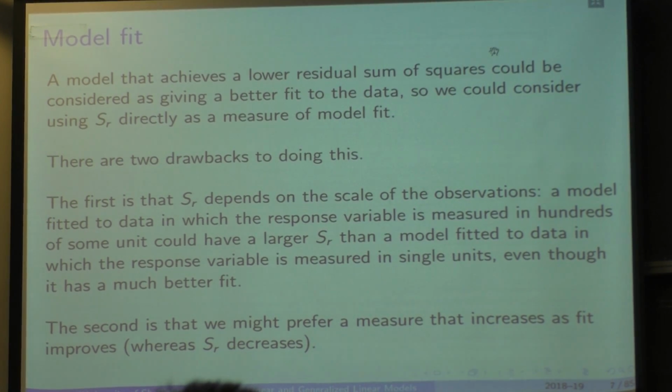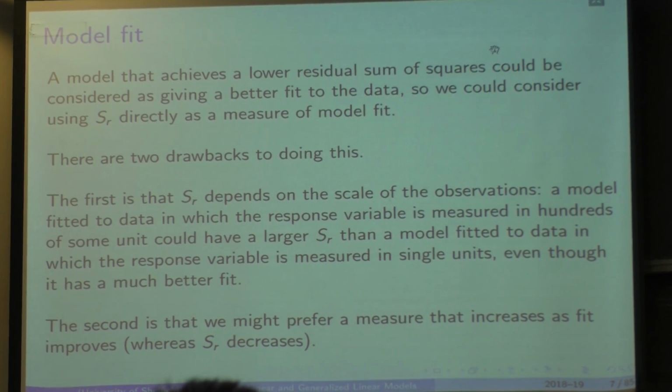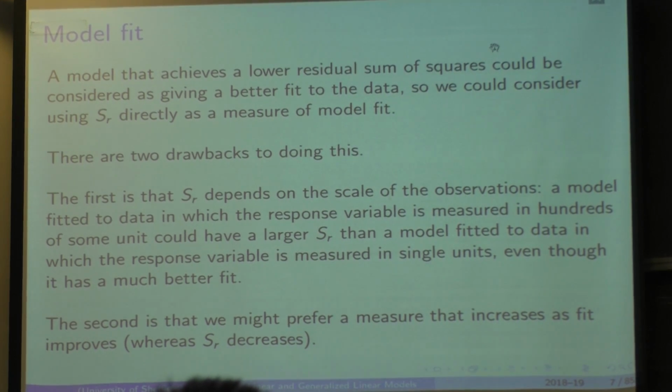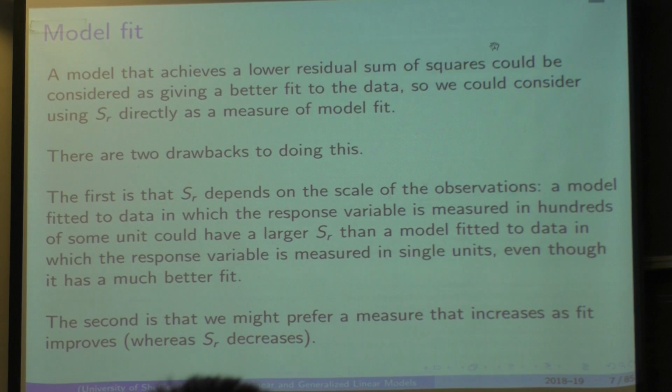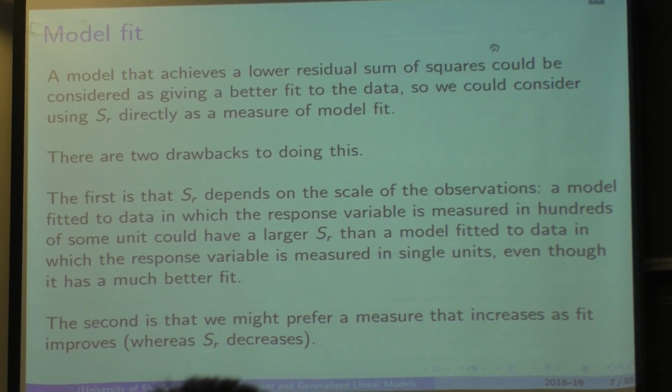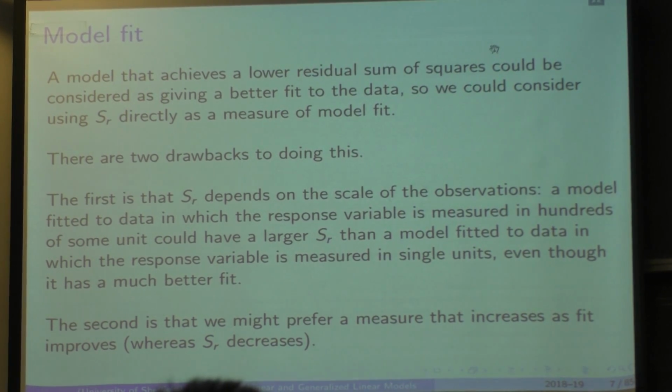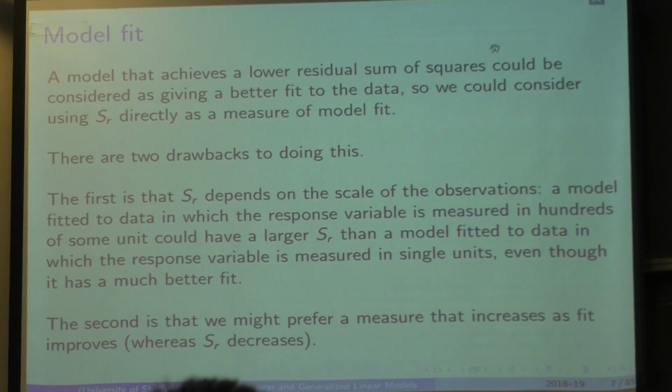So it would actually make sense to have a measure that is large for a good fit, whereas the residual sum of squares is actually small for a good fit. There are a couple more reasons why SR might not be such a good measure of fit, which we'll come to as we go through this section.